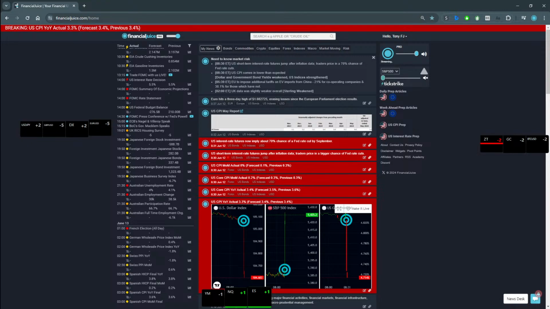I was going to say September. Interest rate futures now imply about 70% chance of a Fed rate cut by September. So one in September, and I think one in December. I think they'll likely skip and then go to December for when they cut rates again. But that, of course, depends on data and how that plays out in the future.